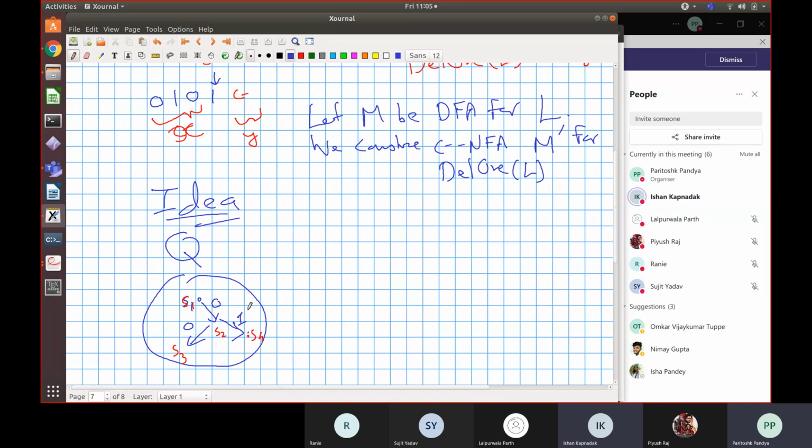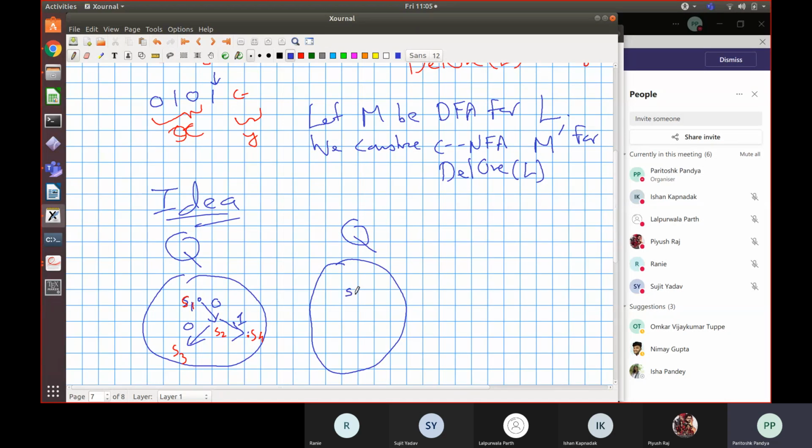Ishan? Maybe we can make 2 copies of the automaton. Excellent, yes. So we make a second copy of the automaton. It also goes exactly like this, but every time you want to delete that 1, you have a copy.